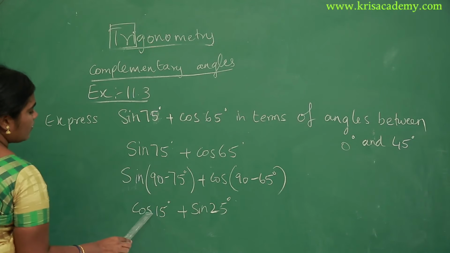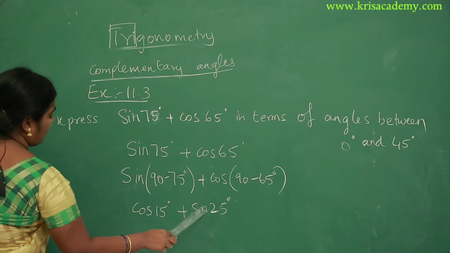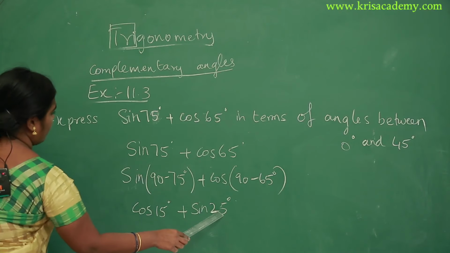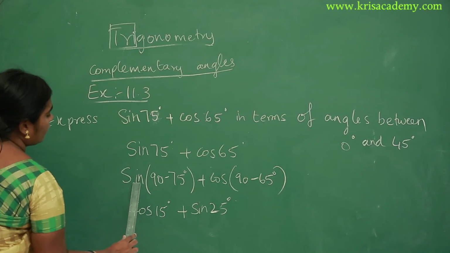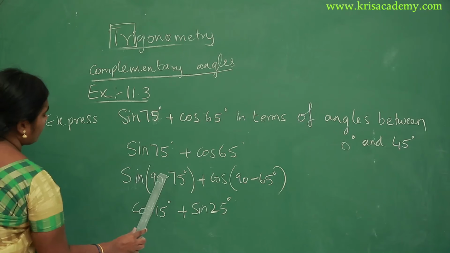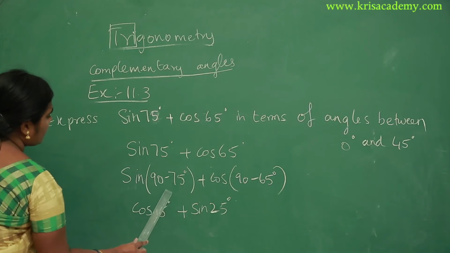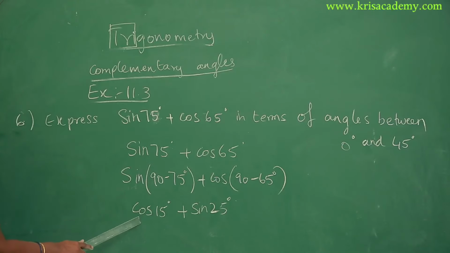So now if you observe, cos is in between 0 to 45 only, sine is also between 0 to 45 degrees. So once again, sine 75 we are converting into complements. Sine of 90 minus 75 degrees. 90 minus 75 degrees is 15 degrees. Sine 90 degrees complement is cos.